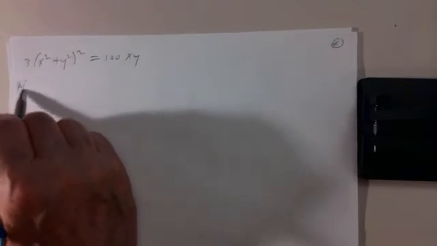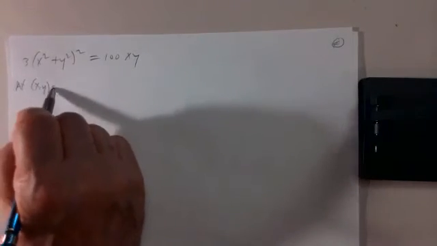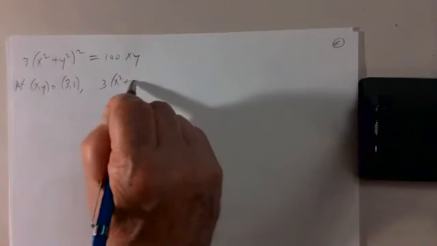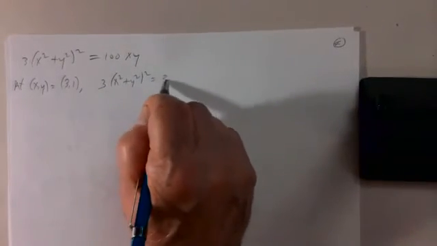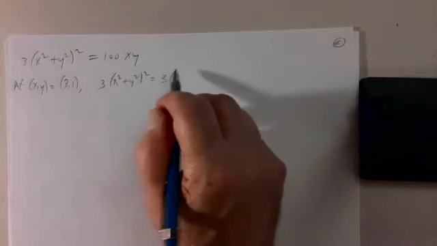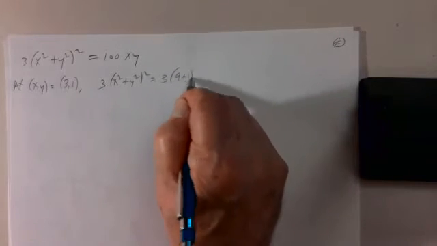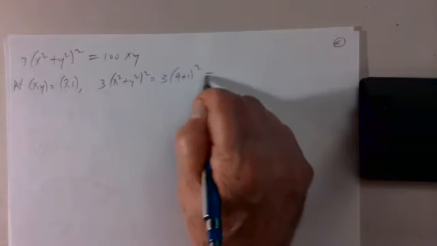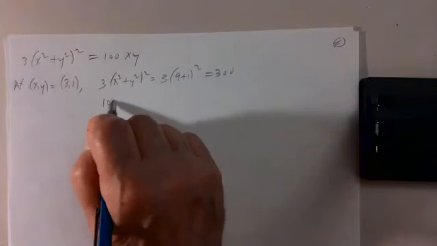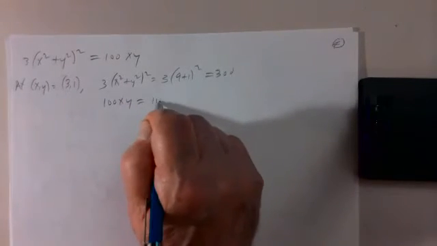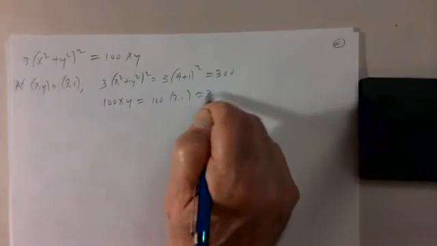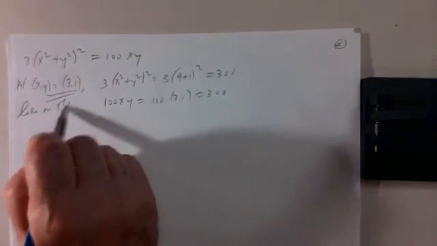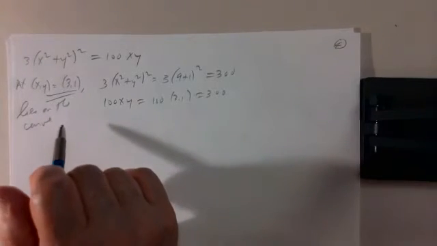Notice at the point (x, y) equal to (3, 1), 3 times (x squared plus y squared) squared is 3 times (9 plus 1) squared. That's 10 squared is 100 times 3, this is 300. And 100xy is 100 times 3 times 1, which is also 300. So this point lies on the curve.